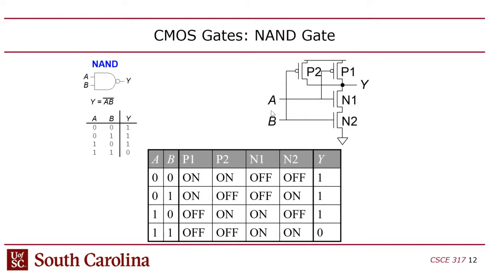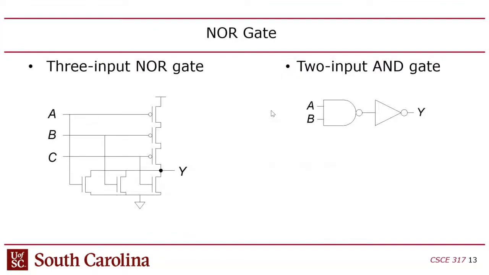So as a result, CMOS logic has that limitation. You could build any gate you want as long as you have at least one input that's set to 1 when you're pulling down, and at least one input has to be 0 when you're pulling up. That's the only rule. And then you can scale this up. For example, a 3-input gate is possible. If this is a NOR gate, for instance, the pull up would be in series, the pull down would be in parallel, and there'd be 3 transistors involved, right?